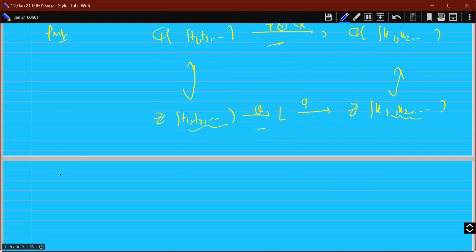Now we see these are graded vector spaces with the same dimension, right? So we'll just use the previous lemma, and it follows that this map would also be a surjection.